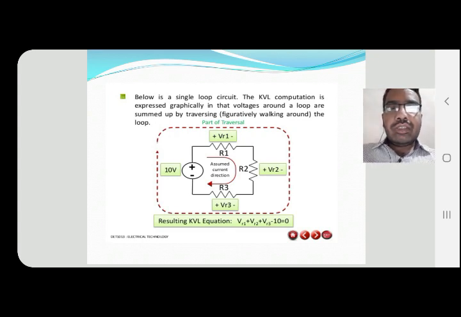So these are about Kirchhoff's voltage law. Okay. So today we studied both Kirchhoff's current law and Kirchhoff's voltage law. Further, we will discuss in the next classes.